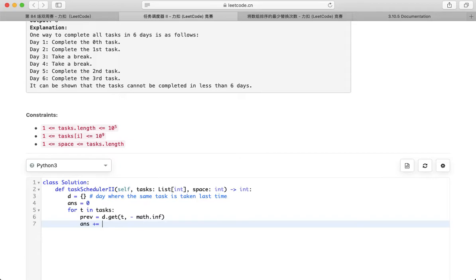And it's like min of... what am I doing?